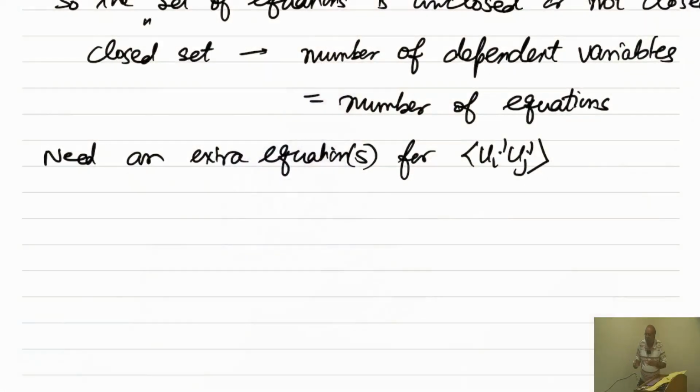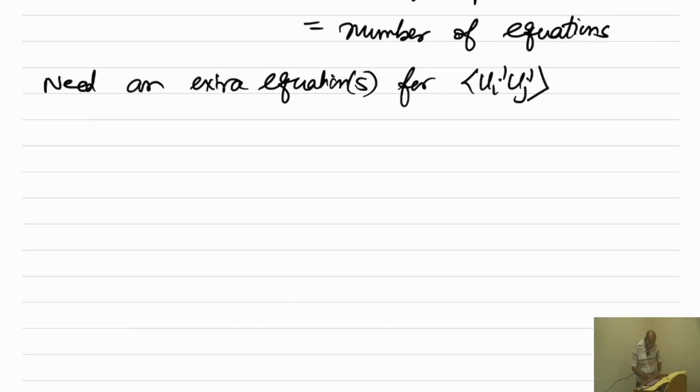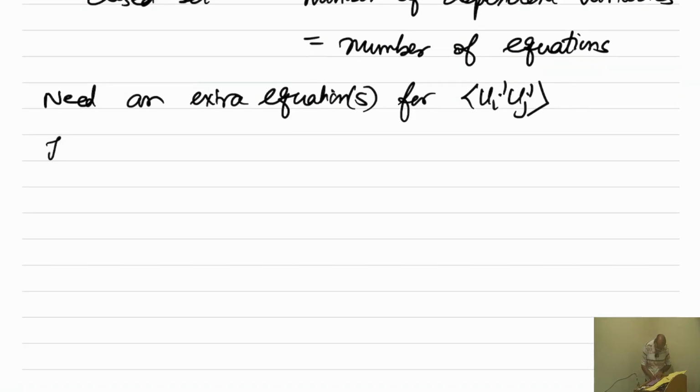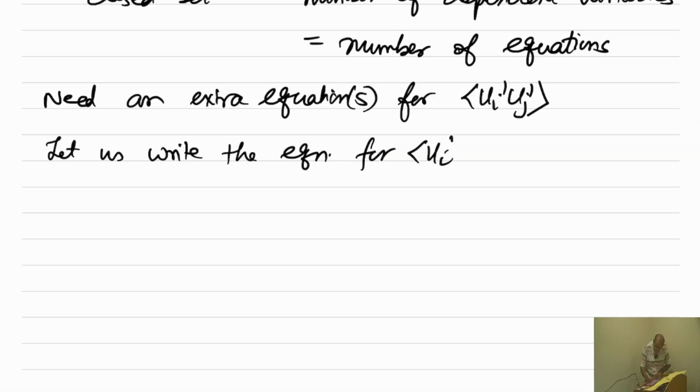So, we need an extra equation for the mean of ui prime uj prime. Now, one can say, let us write the equation for ui prime uj prime.